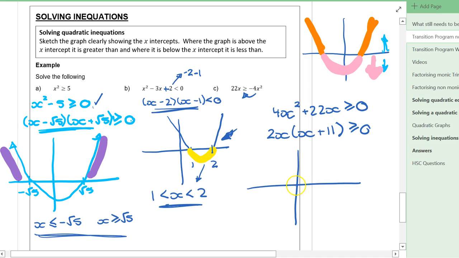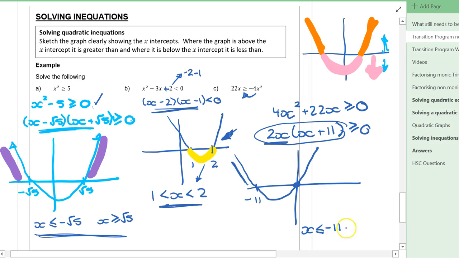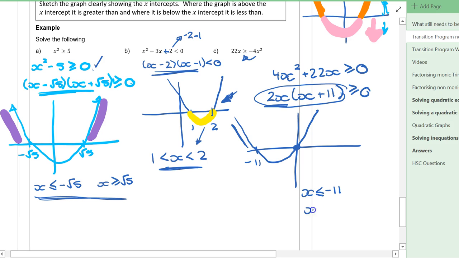So that means I've got a parabola that intercepts at 0 from here, intercepts at minus 11 from here, and goes like that. And I want to know where is the parabola bigger than 0. It's when x is less than or equal to minus 11, which is this part, and when x is greater or equal to 0, which is this part.